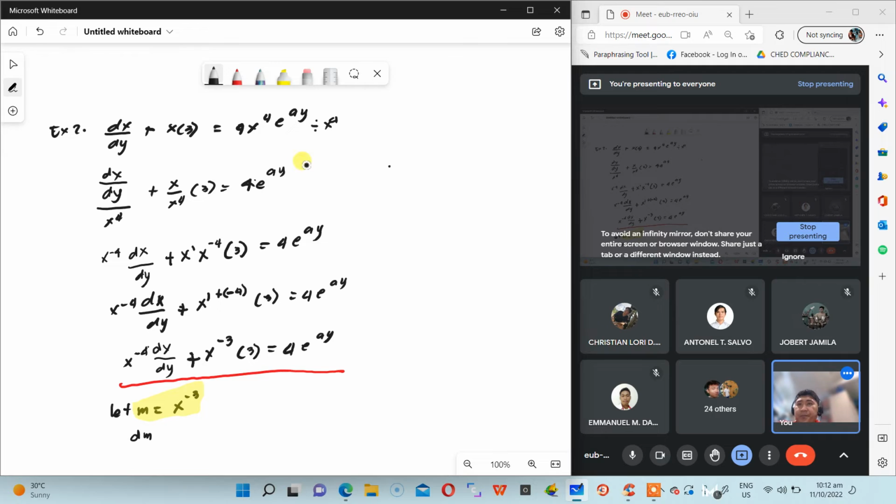Derive your m. Remember, this one is dy, so therefore that is dy. So derive that one, x raised to the power negative 3 over dy equals. What is the derivative of x raised to the power of negative 3?